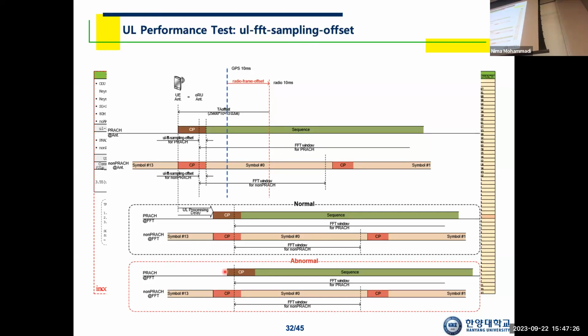So you start your FFT function with some extra delay on the PRACH signal. You start FFT from here for non-PRACH, but don't use the same value for PRACH.